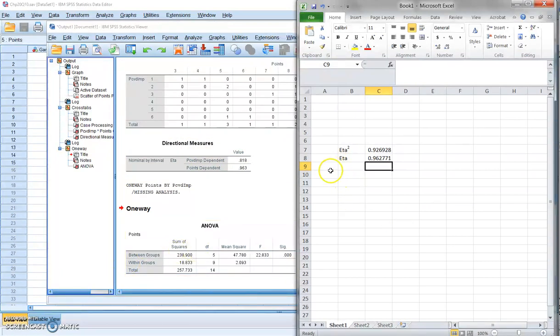So this means the strength of association between the perceived importance and the points scored per game is as strong as 0.96. We know eta has a value somewhere between 0 and 1. The closer it is to 1, the stronger the relationship is.